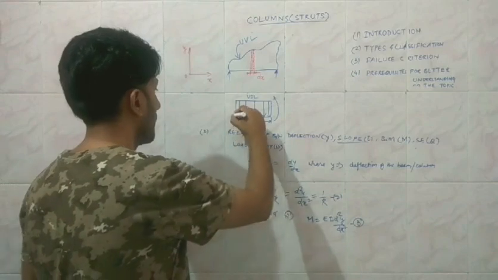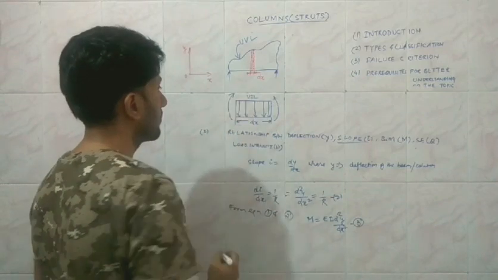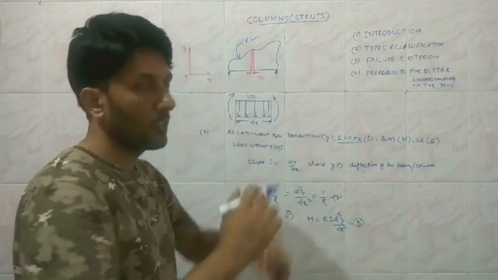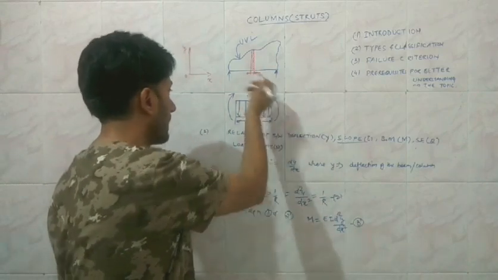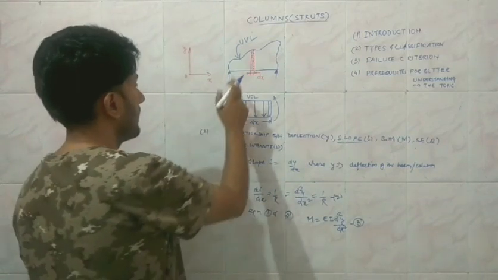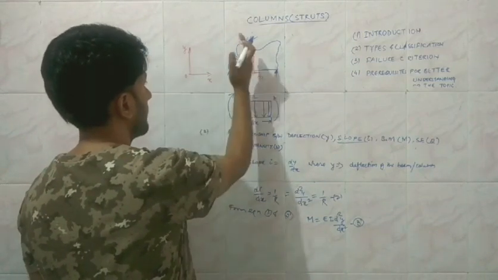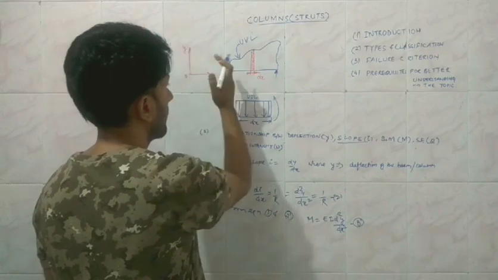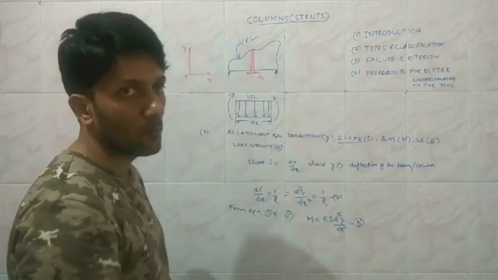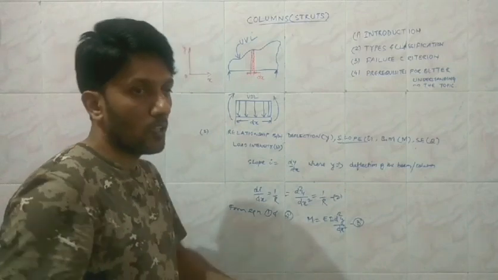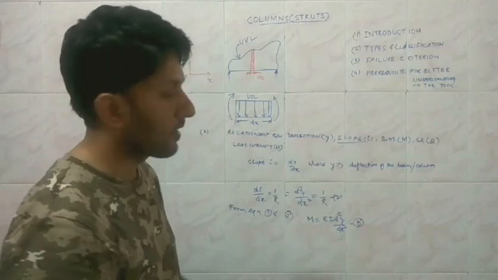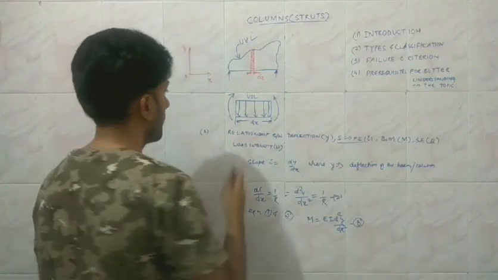Sagging is going to be produced when the bending moment at both cross sections, at this end it is anti-clockwise and at this end it is clockwise. So these are the effects of the moments when we separate this portion, the left hand side portion and the right hand side portion, and I have considered the sense of the bending moment this way because I know that the bending moment is going to be positive, and the effect is going to be sagging, concavity at the top.